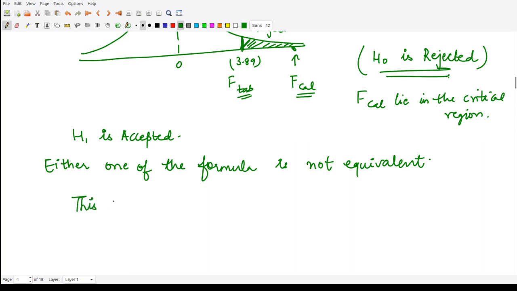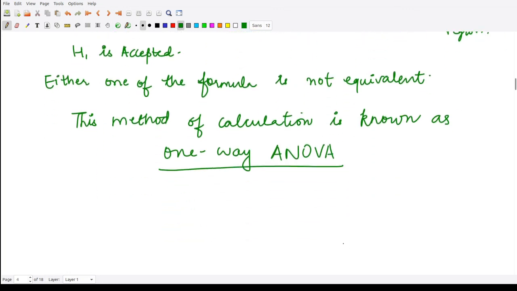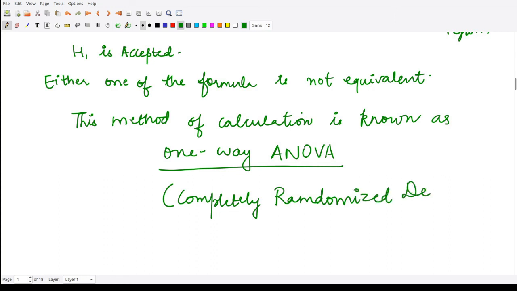This method of calculation is known as one-way ANOVA, analysis of variance, right? And there is another name for one-way ANOVA. We can write this as completely randomized design. So in short, this is known as CRD, right?